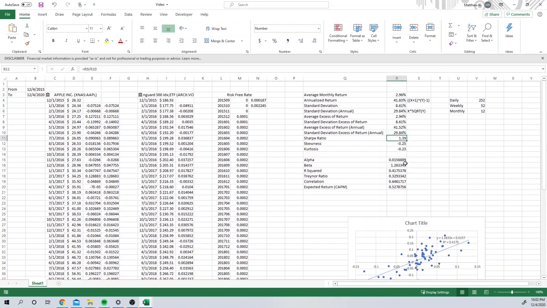Yes, it does. And it has a higher beta, so it's going to have a lower Treynor ratio, because beta is in the denominator. So you can just calculate all this stuff. It's negatively skewed, skewed to the left, and kurtosis is less too. So that's the beauty of it.